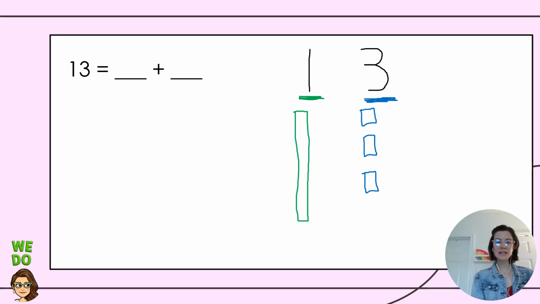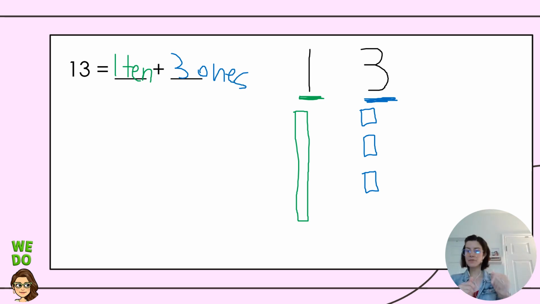So 13 equals 1 ten and 3 ones. Okay, go ahead, have what I have on your board. You can pause this recording, press play when you're ready to practice with the next one.